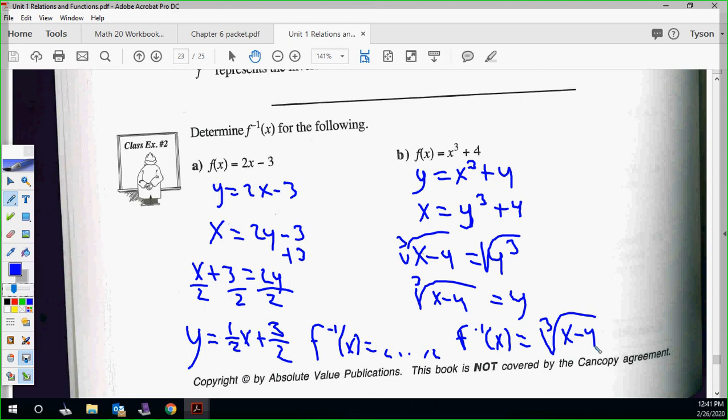Good question. We're done with that. That is a function. If you put this into your calculator, it will be a function that doesn't fold on itself. If it was x to the fourth, exactly, when you take the fourth root, you'd write plus or minus, and now you're in trouble because that's going to have a top half and a bottom half like our circle did. Very good. Great questions. Anything else? All right.